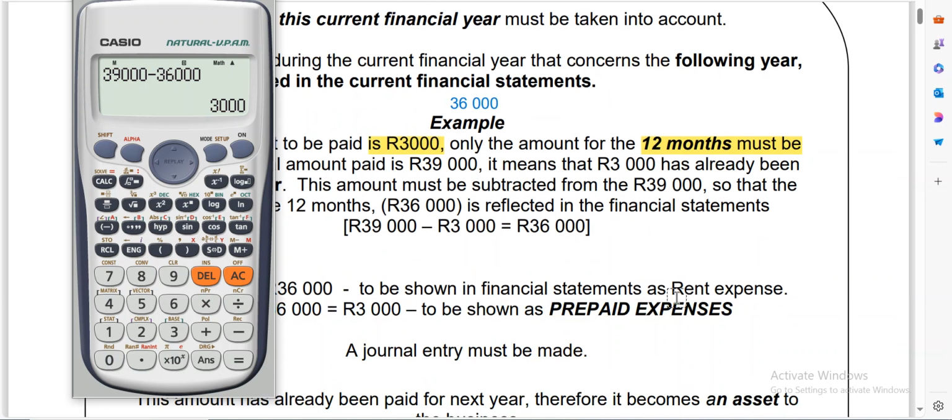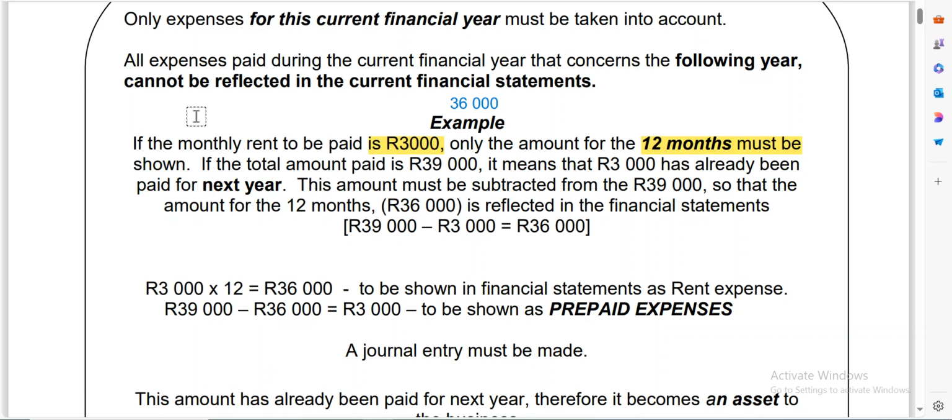Now, what we will do in our financial statements, when you go to our income statement, we are going to subtract this 3,000 to bring our rent expense to 36,000, because the income statement is interested in the expenses that have occurred.